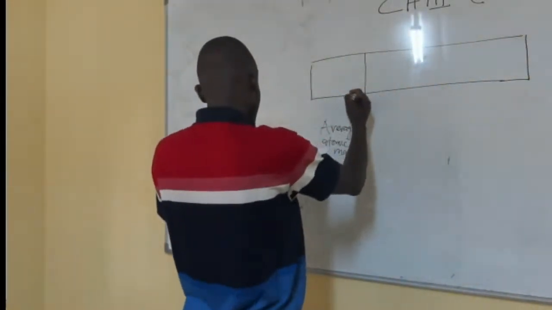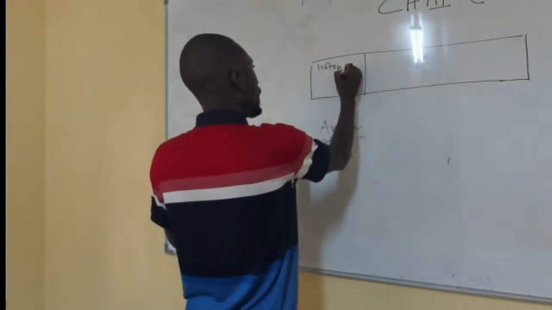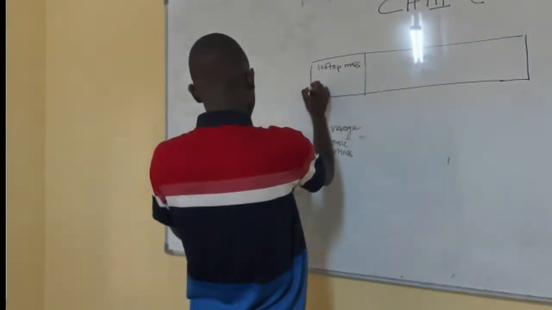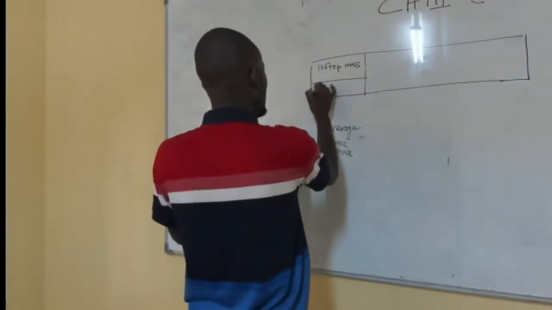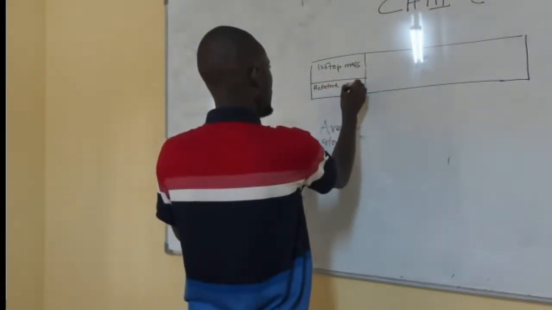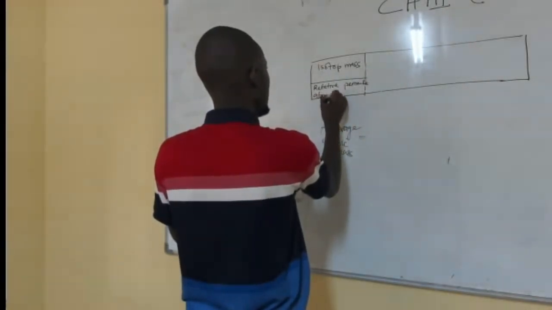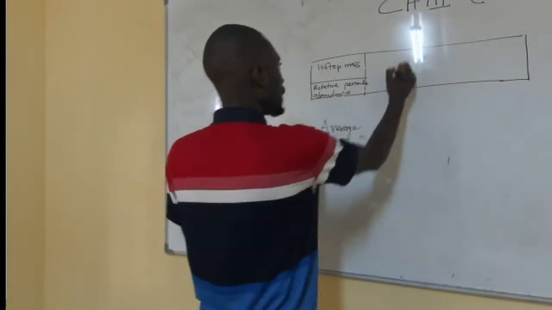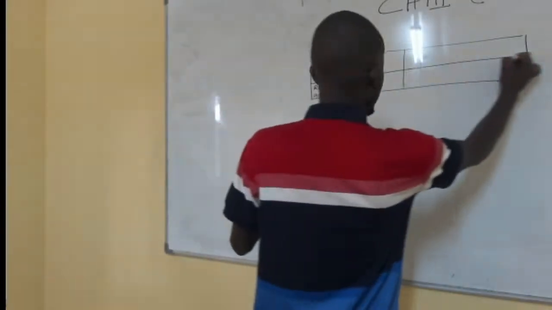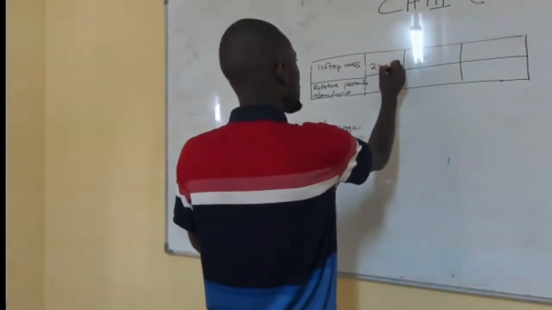In this table, you have the isotope mass. Then you also have the relative percentage abundance. Okay, you had that one. Then of course you had 3, which is 24.0.